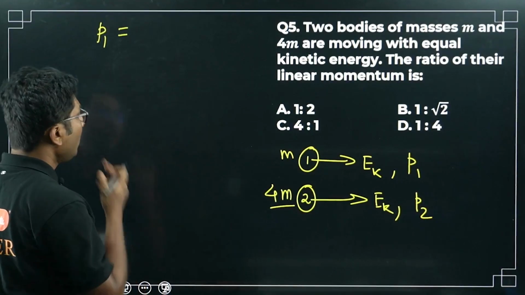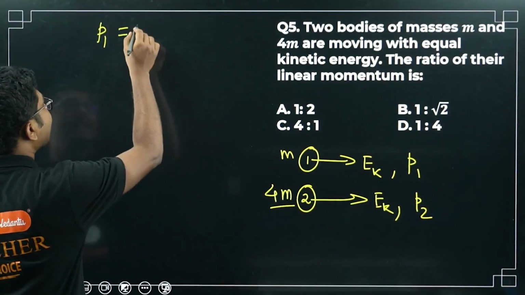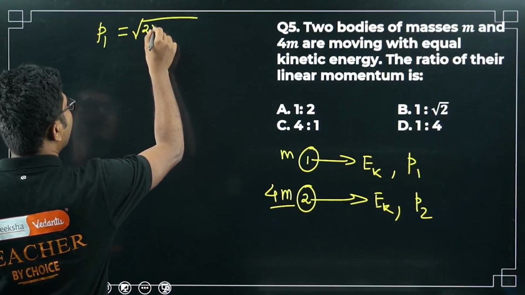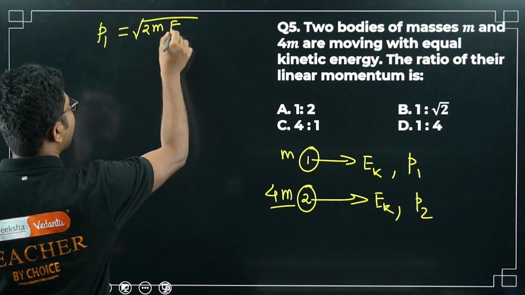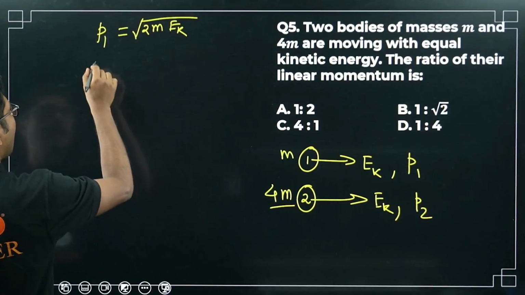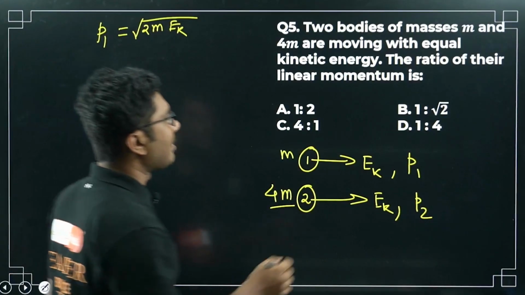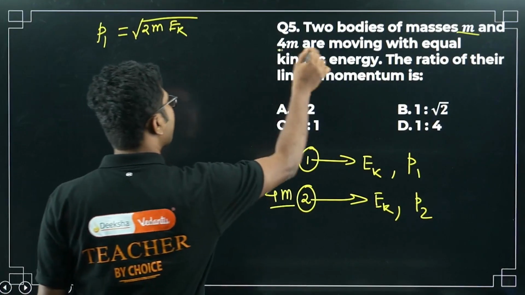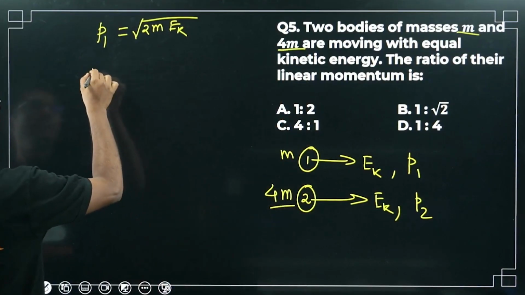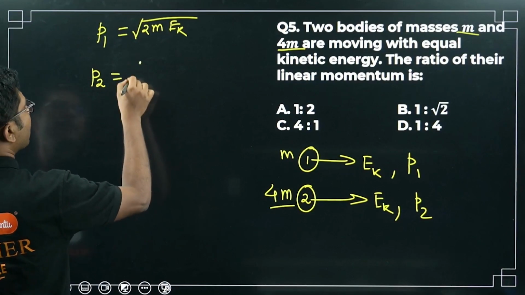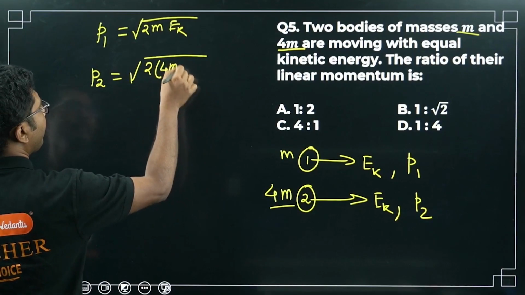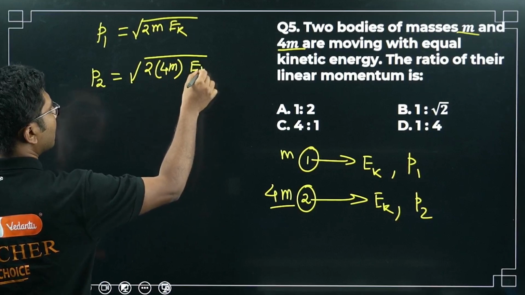Suppose the momentum of this is P1, momentum of this is P2. Now we know that momentum and kinetic energy are related by the formula p equals square root of 2m Ek. This is for P1, which has a mass m. What is the mass of P2? P2 has a mass 4m. So P2 will be square root of 2 times 4m times Ek.